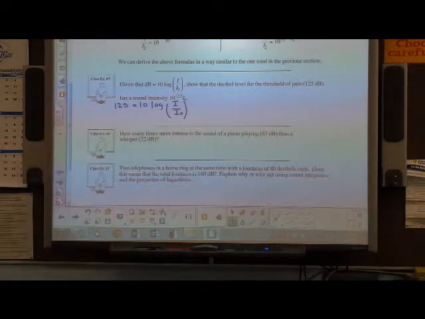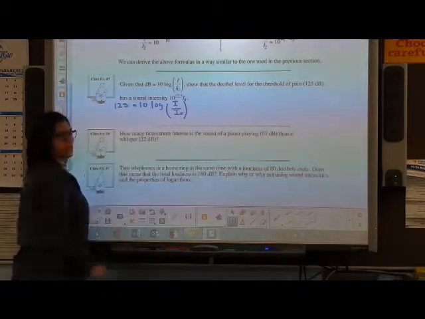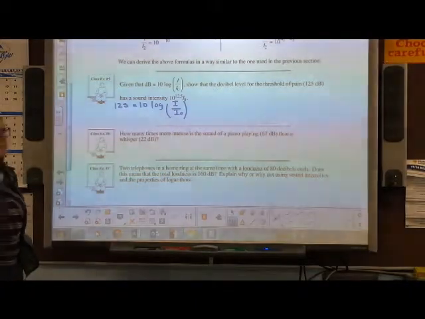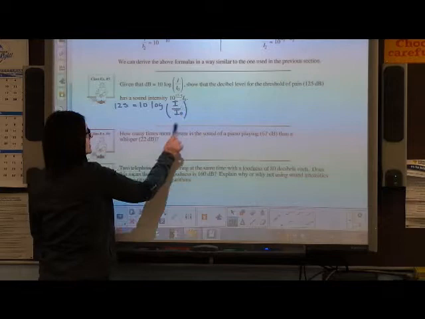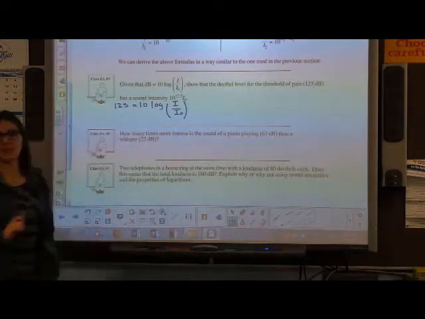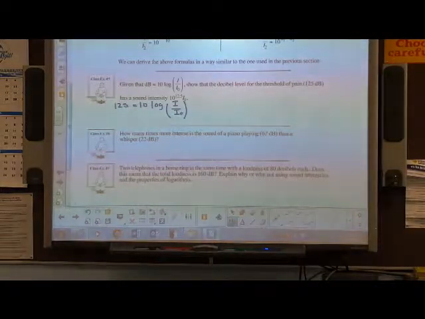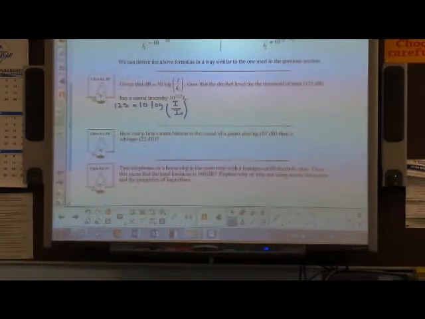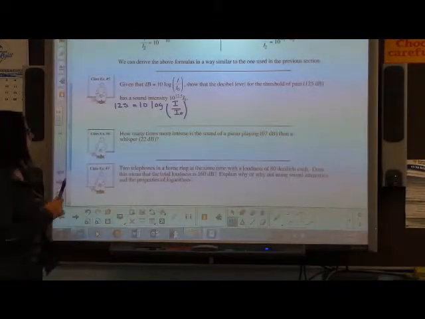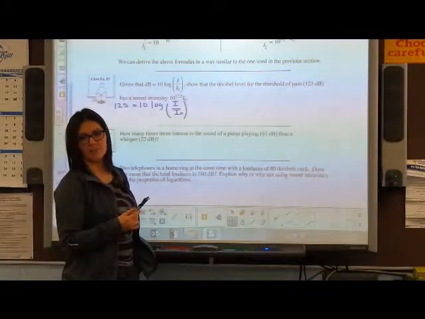And really what I'm trying to do is solve for I. So I want to isolate this logarithm, so what do I have to do with the 10? Divide by 10, so it's 125 divided by 10. 12.5.